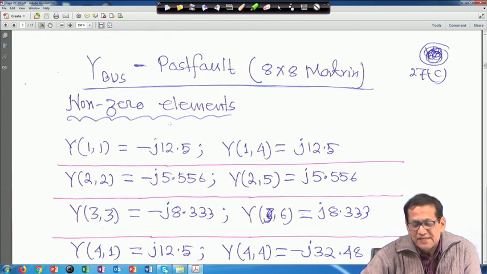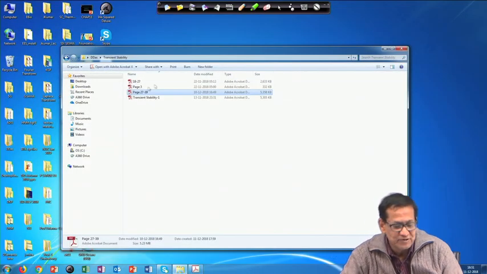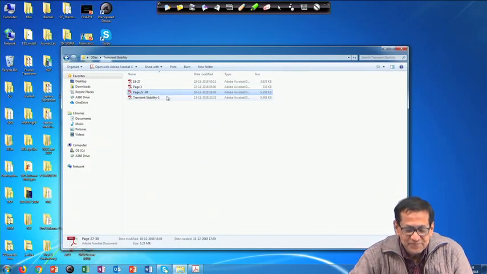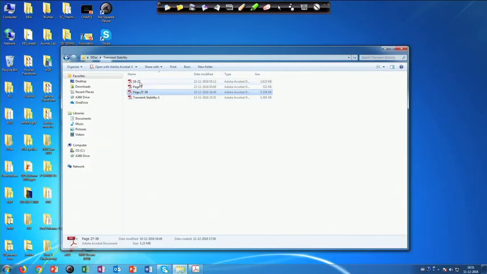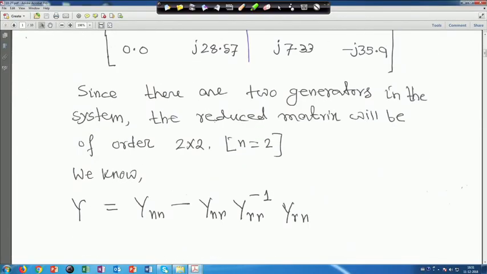So in that case, just hold on, let me go back to that diagram again.